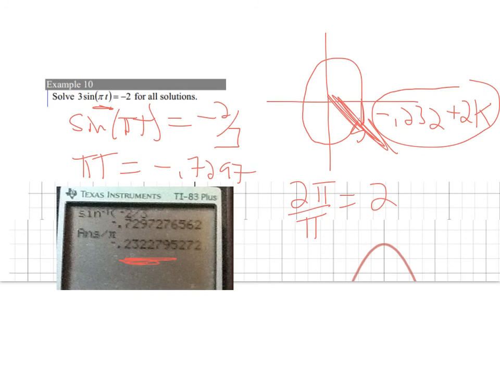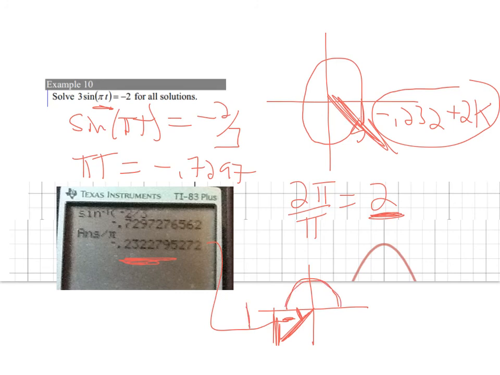Now there's another place where the sine is negative. That's going to be over here in quadrant 3. That reference angle is still the same, positive 0.2323 here. And I've got to get this plus that little bit to get that angle. Well, if the period for this graph is 2, half of it, which puts it here, is 1.